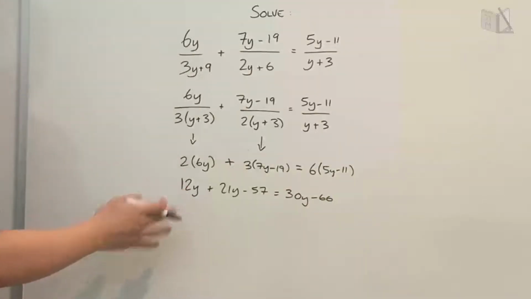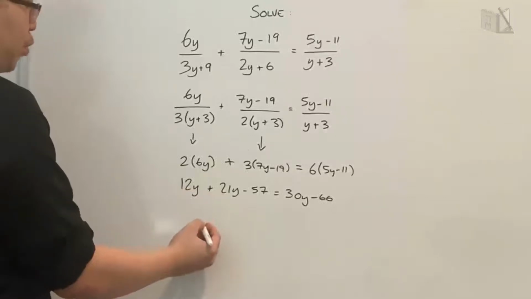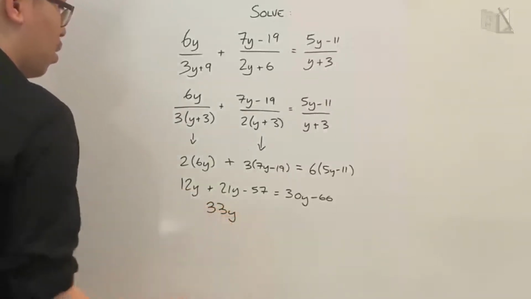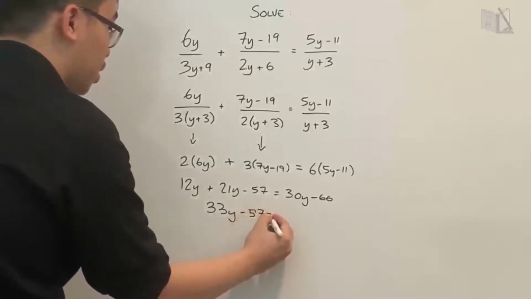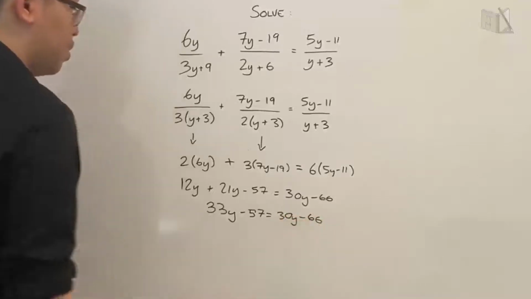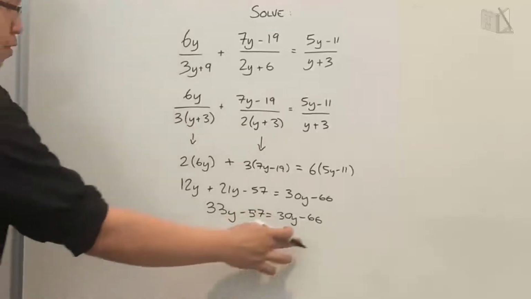And now we want to combine like terms here. So 12y plus 21y is 33y, minus 57 equals 30y minus 66. And then we want to move the minus 57 to the right side, so we add 57.